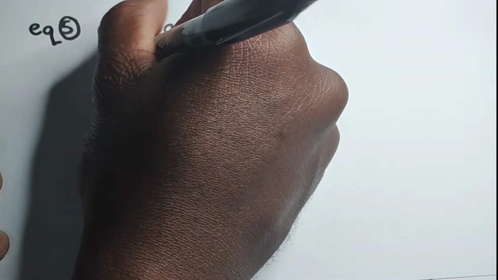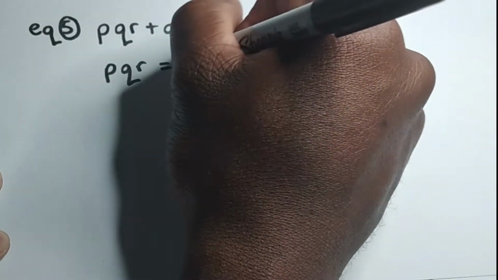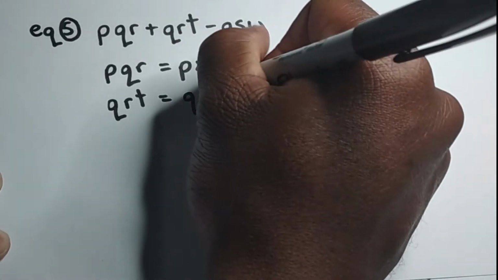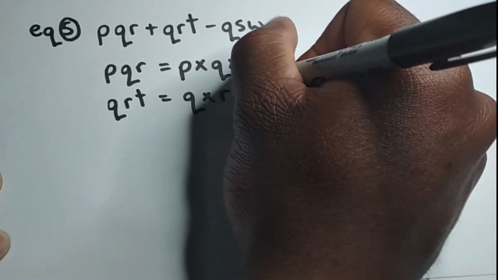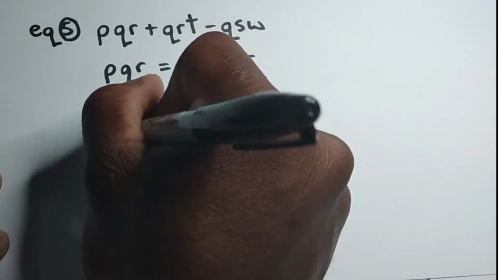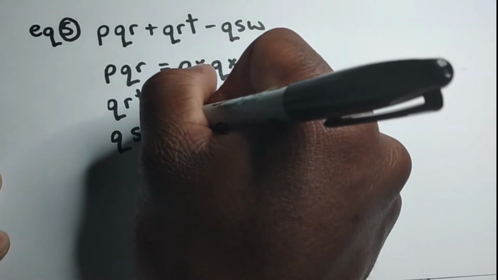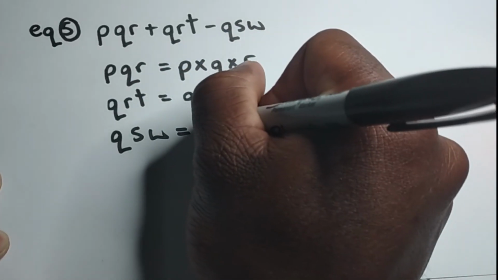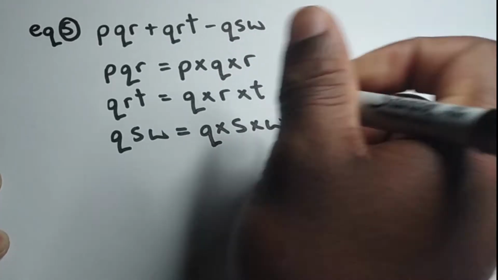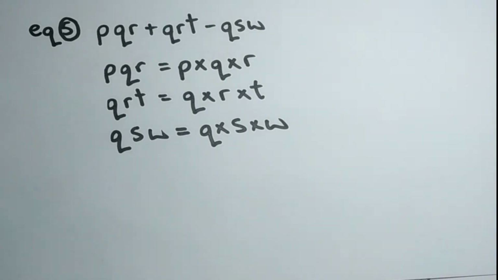So we have PQR, and again, this is simply P times Q times R. And we also have QRT, and this is the same thing as Q times R times T. And we also have QSW, and this is the same thing as Q times S times W. So what we can do now is identify what's common in each term.